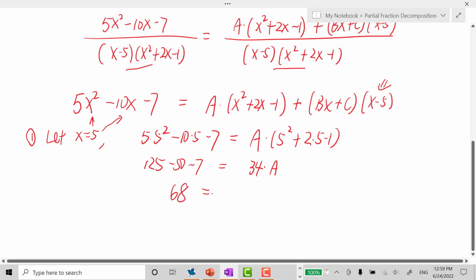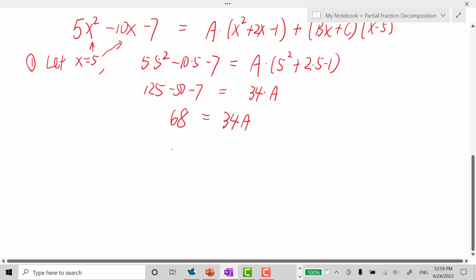So 68 is equal to 34a, which means 34a equals 68. So in this case, a equals 68 over 34, which is 2. So a equals 2.